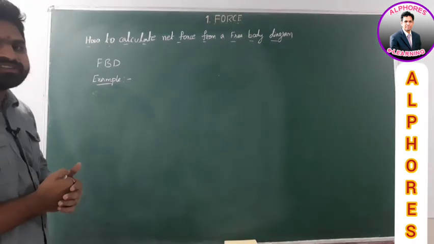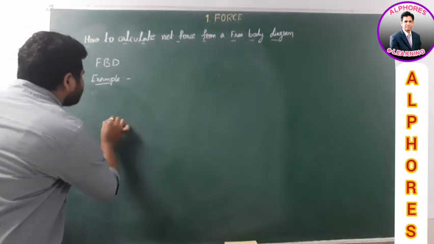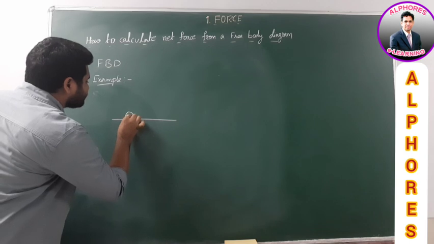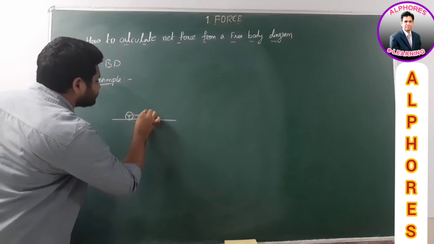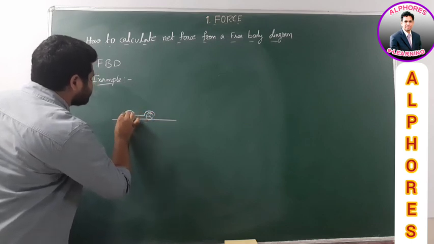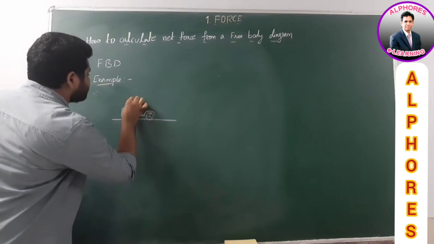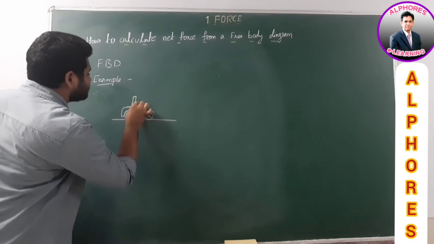Here I want to take an example, a moving car. The car is moving with a non-uniform motion. Let me draw this diagram. The car. Let's imagine it's a single seat car.